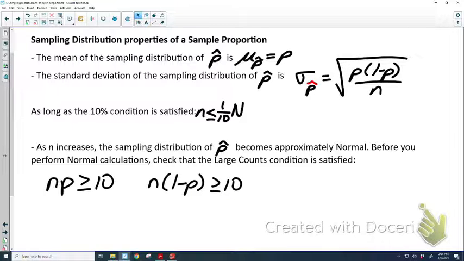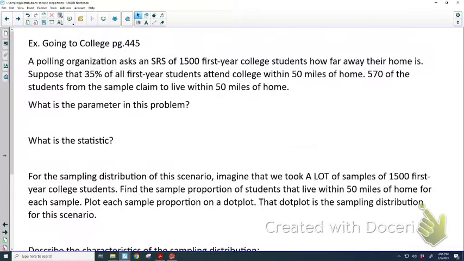So for the top 2, this is what we looked at yesterday with the Reese's Pieces proportion of orange. The proportion of orange in the candy machine is going to be equal to the mean of the sampling distribution.